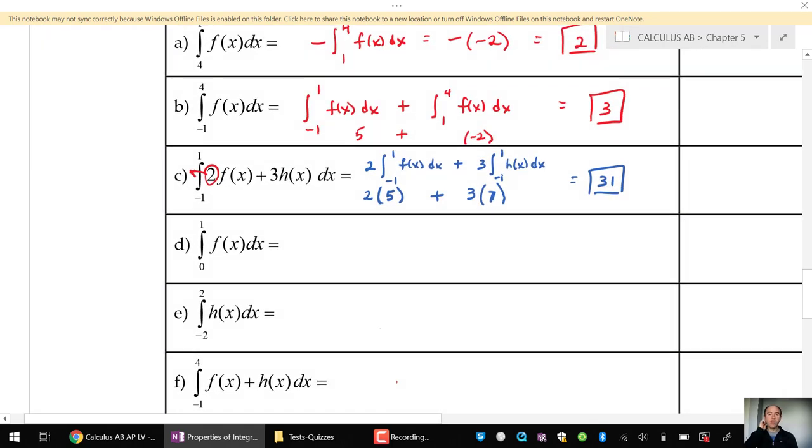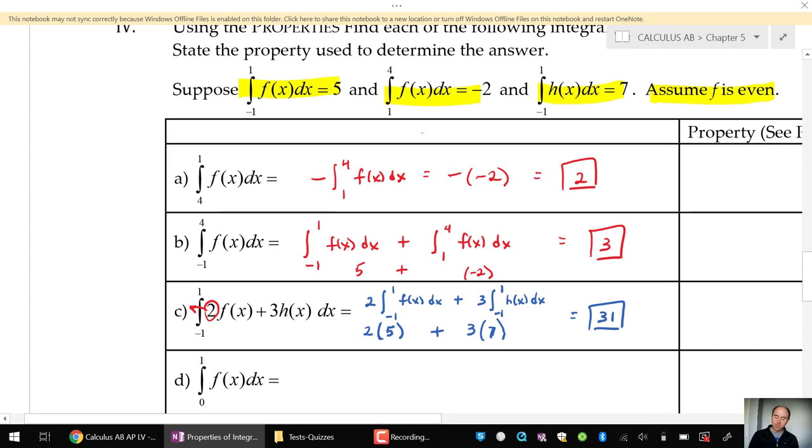Now, letter D says, what is the integral from 0 to 1 of f? And that's not one of our givens, but I do know that f is an even function, and across symmetric bounds, the integral of f is equal to 5. But if f is even, then that's actually twice the value of the integral from 0 to 1. So if from -1 to 1 across f is 5, and I know f is even, then 0 to 1 would be exactly half of that 5.